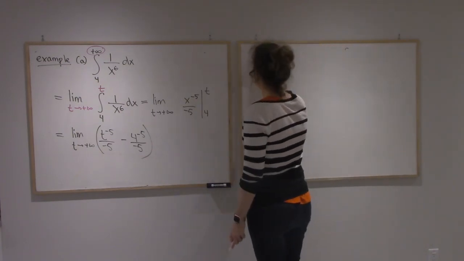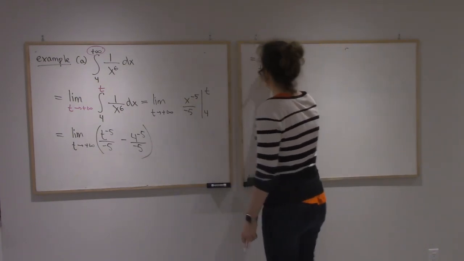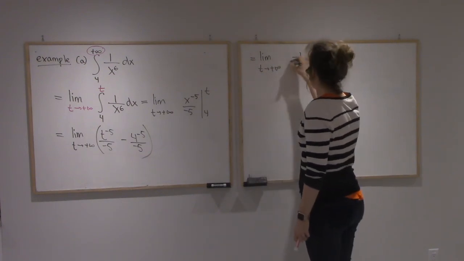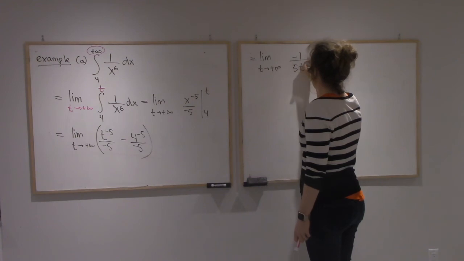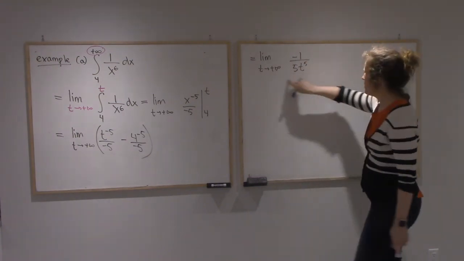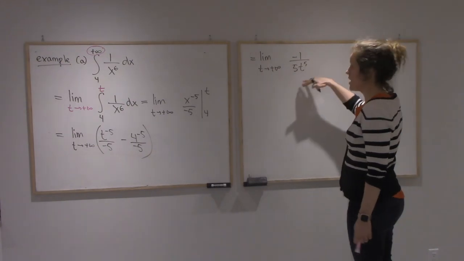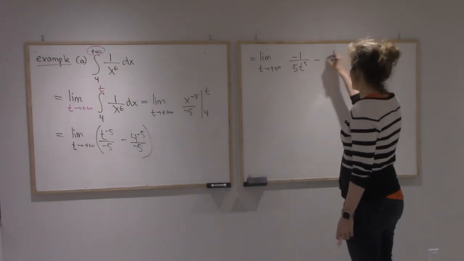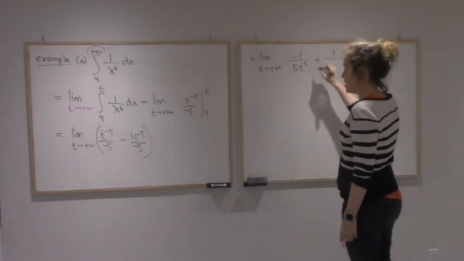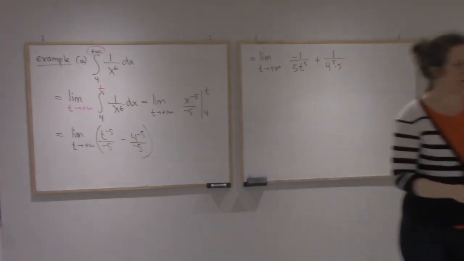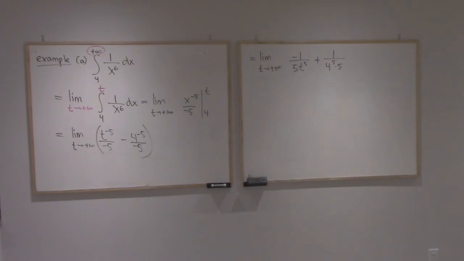I get the limit as t goes to positive infinity of minus 1 over 5t to the 5. If I plug in infinity into this, I get minus 1 over infinity to the 5, so I'll get 0. And then I have plus 1 over 4 to the 5 times 5. What is that equal to?